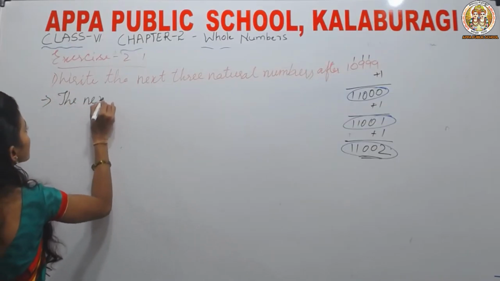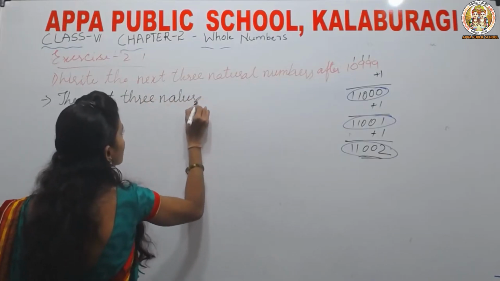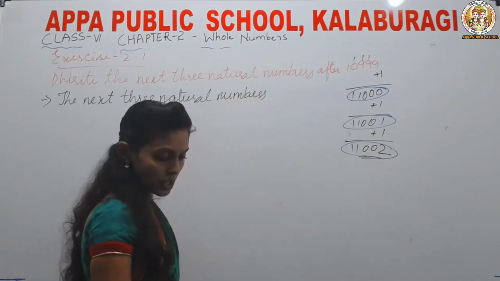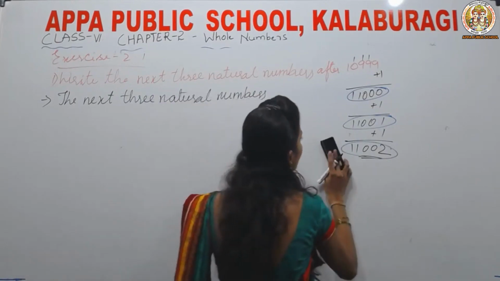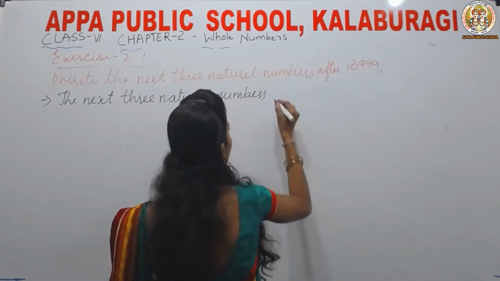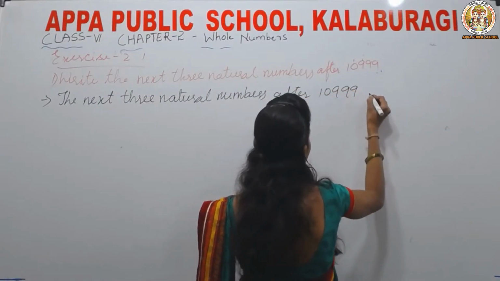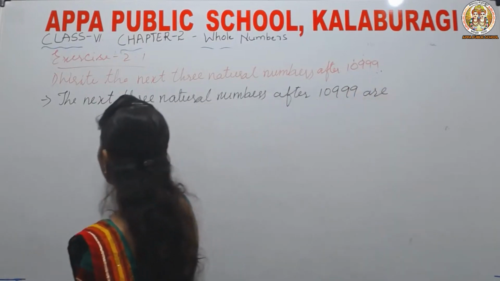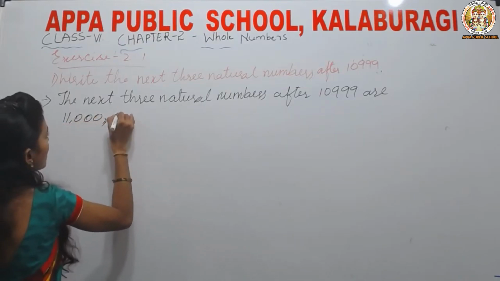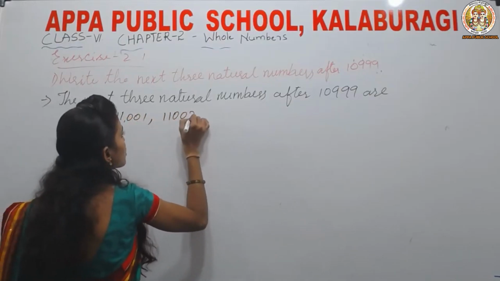The next 3 natural numbers which come after 10,999 are 11,000, 11,001, 11,002.